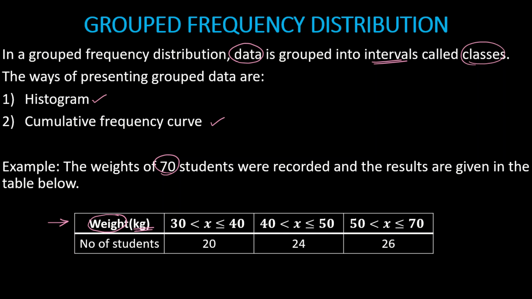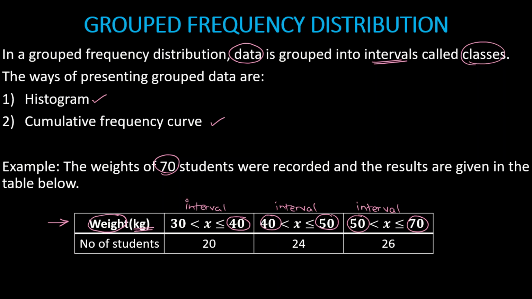And here we have what we call intervals. This is the first interval from 30 kilograms to 40 kilograms. Then we have another interval from 40 to 50 kilograms. Then we have another interval from 50 to 70, right?